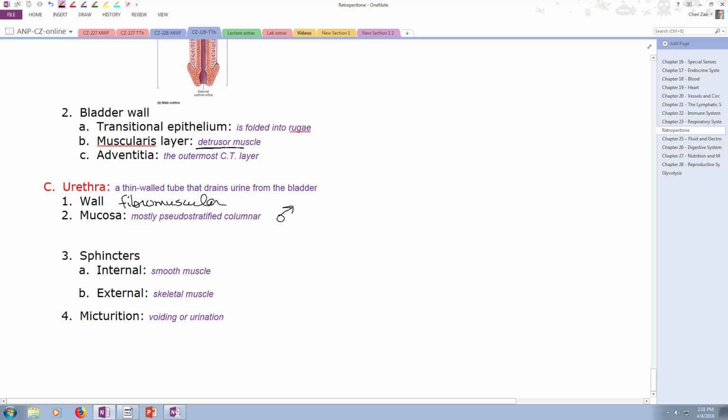When we are close to the bladder, it's transitional. And then when we are close to the external opening, it is stratified squamous.